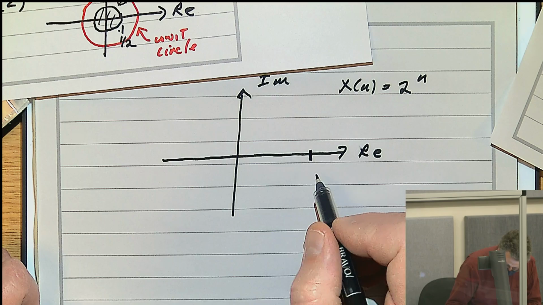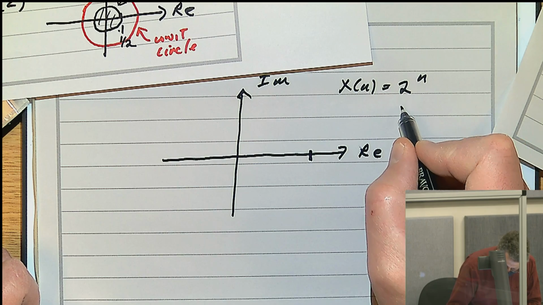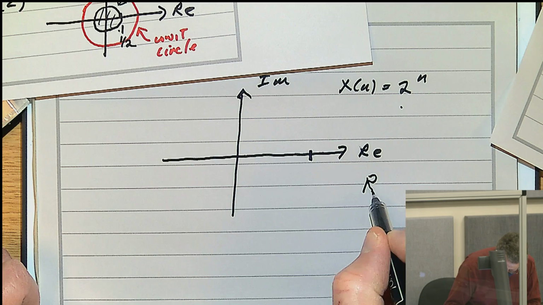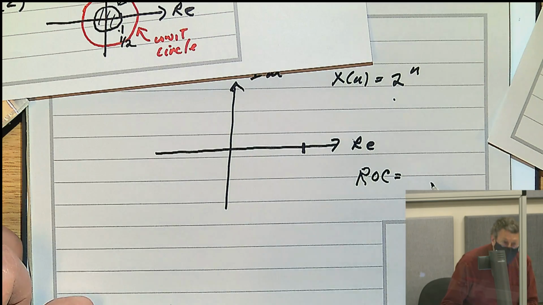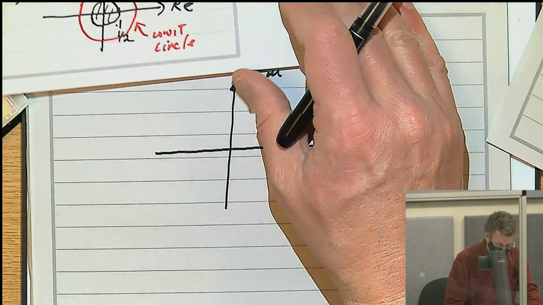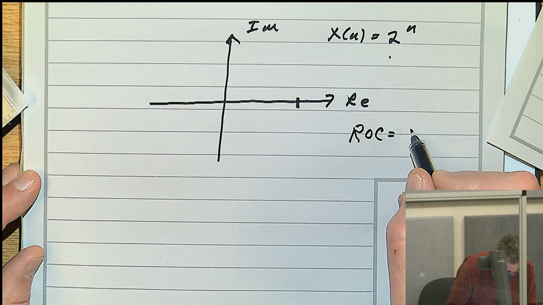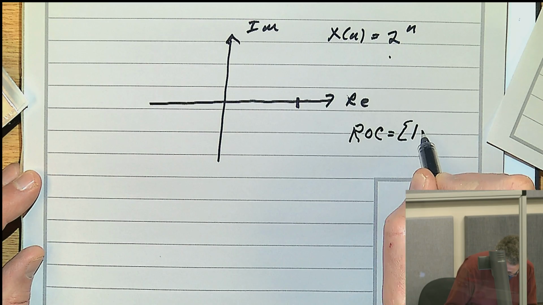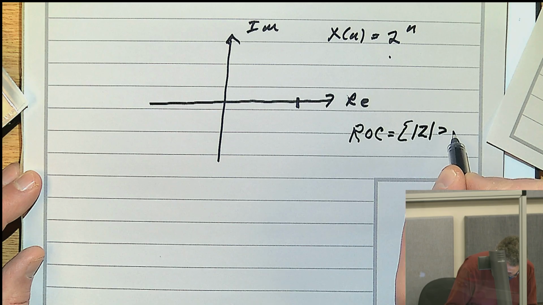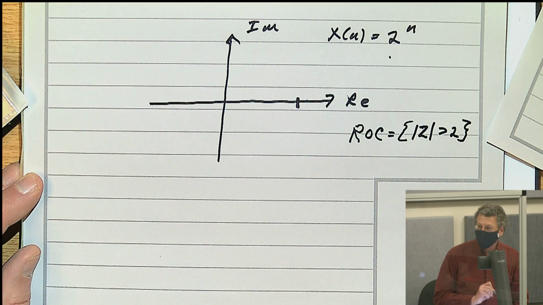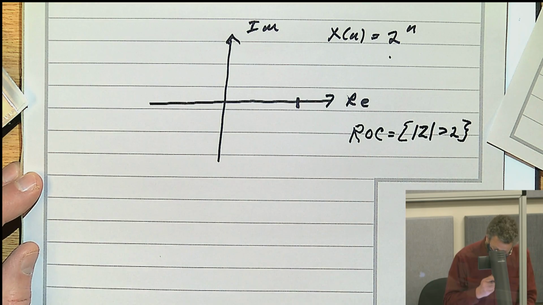And for z here, the region of convergence is given by the magnitude of z greater than 2, not less than 1/2, because you're multiplying by e to the minus z.